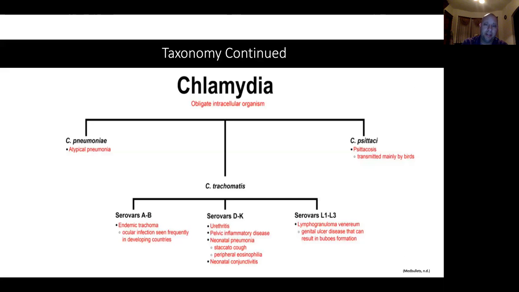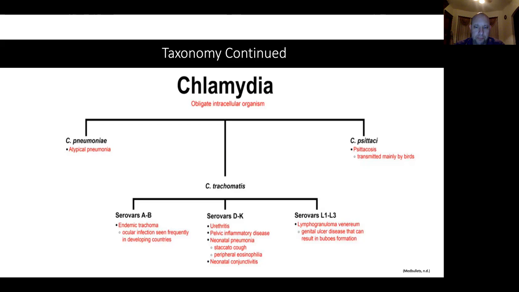Again, chlamydia is an obligate intracellular organism. We will discuss the structure a little further in some of the other slides. But let us talk about the serovars here at the bottom. Serovars A and B cause the infections that we see in the eyes in developing countries.